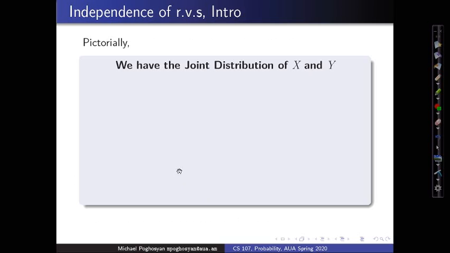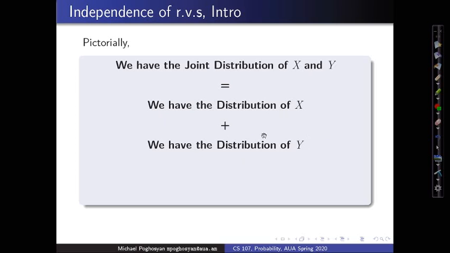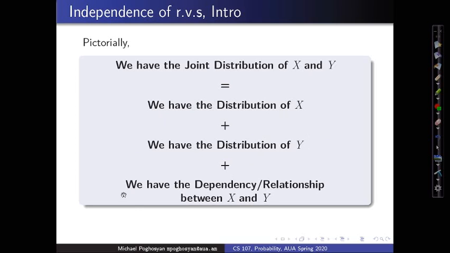So pictorially, if we have the joint distribution of x and y, then we have the marginal distribution of x, the marginal distribution of y, and also the dependency or relationship between x and y.